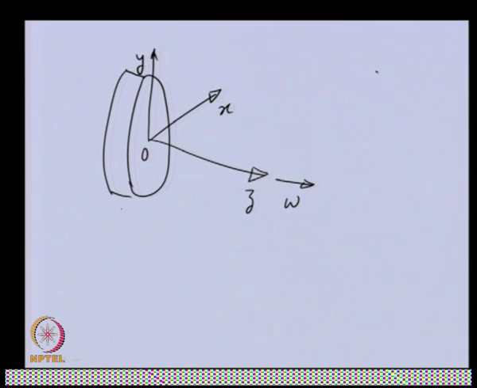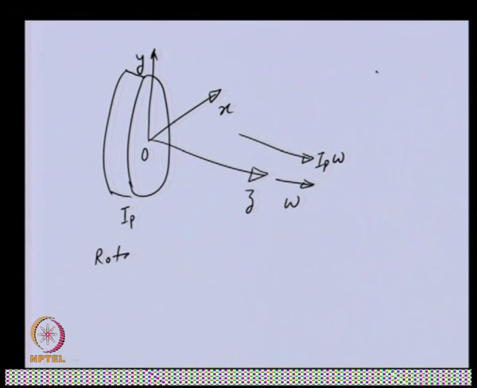This disc has polar moment of inertia about z axis, that is I p. Because of this spinning, the angular momentum of the disc is, let us say, I p omega in the positive z direction. We restricted the rotation of this particular disc about x axis.